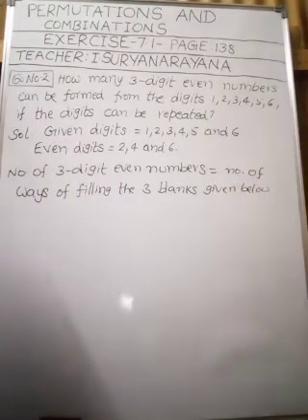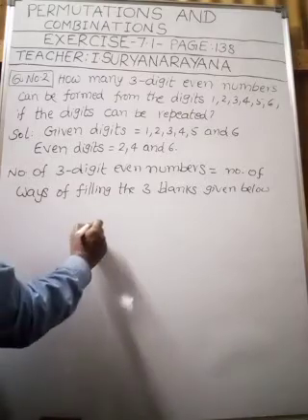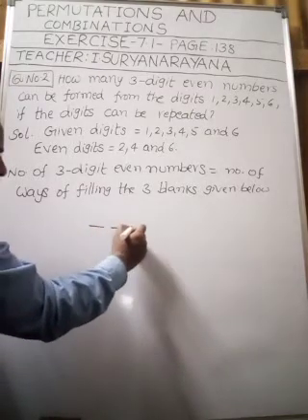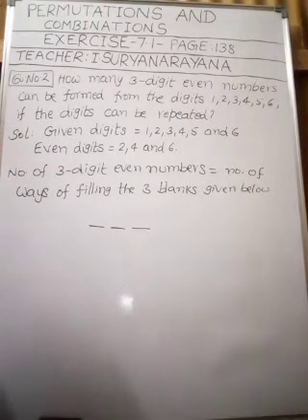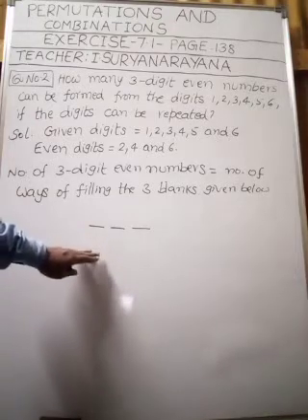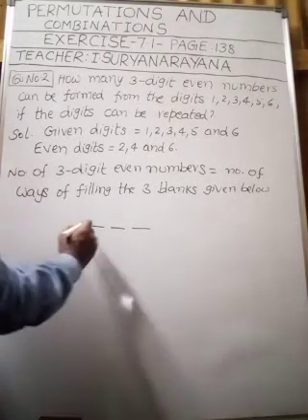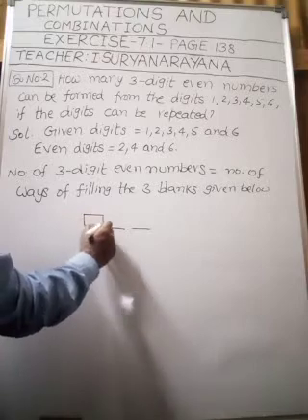Okay, my children. Right. Let us take three blanks. But this three-digit number should be even number.